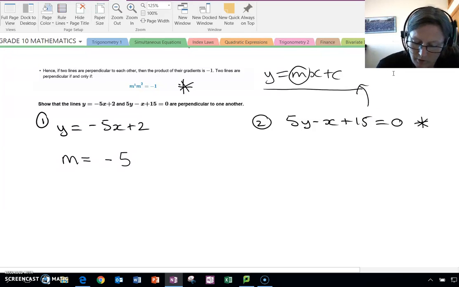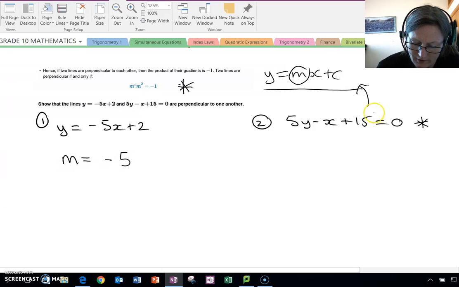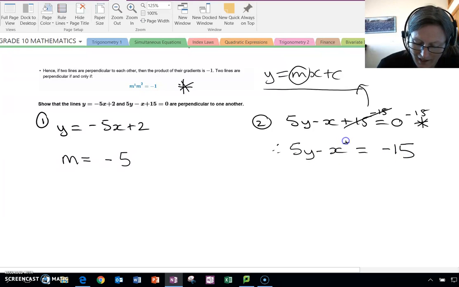So we want just y on the left-hand side and any other terms on the right-hand side. So I'm going to subtract 15, so that cancels. So 5y subtract x is equal to -15. If I add x, then the x's cancel.